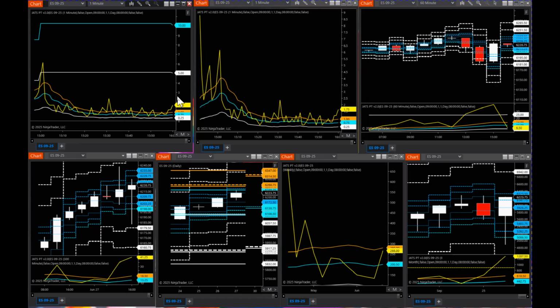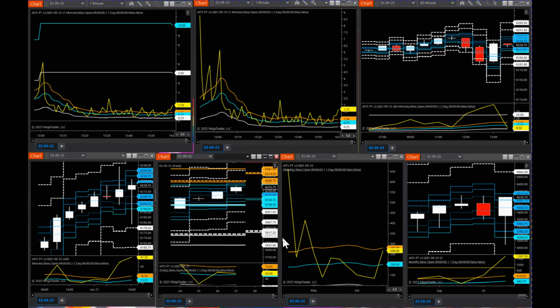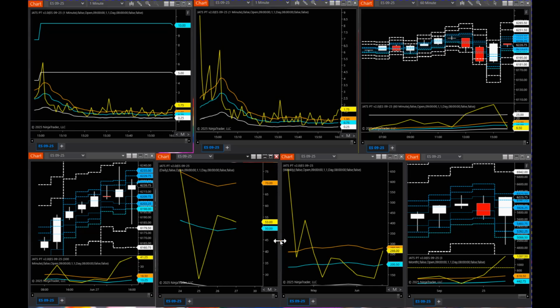You have knowledge of volatility on multiple time frames so that you can see whether the weekly is inside or outside that 1, 2, or 3 compared to a monthly 1, 2, or 3. What does that look like? Or a daily 1, 2, or 3, or your 5 hour 1, 2, 3.